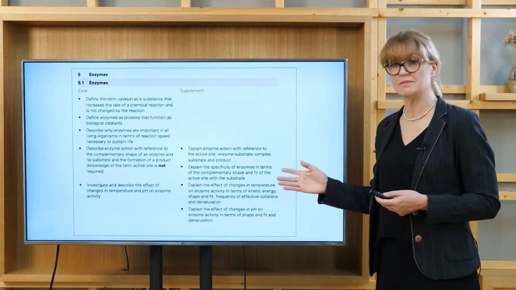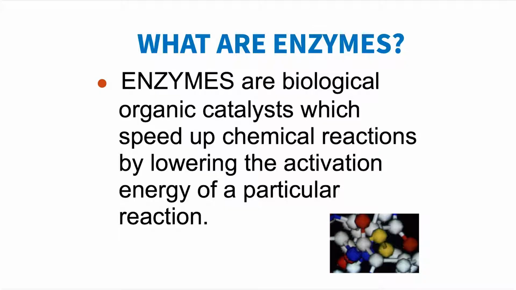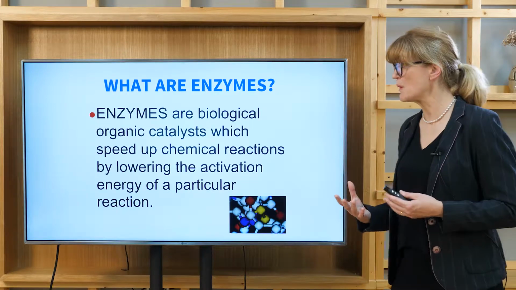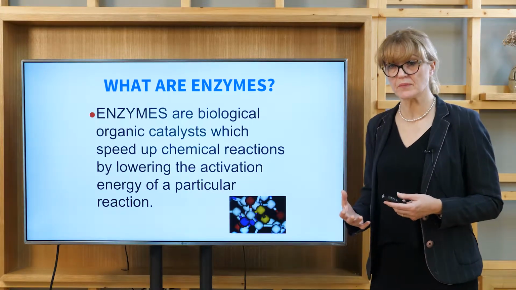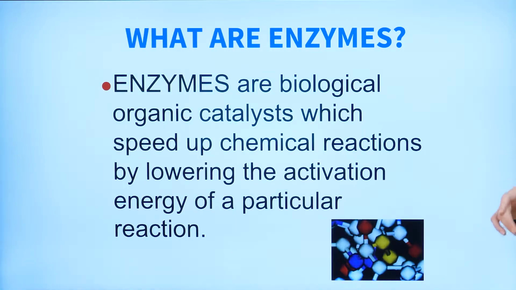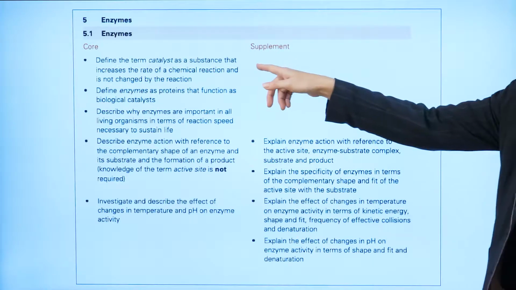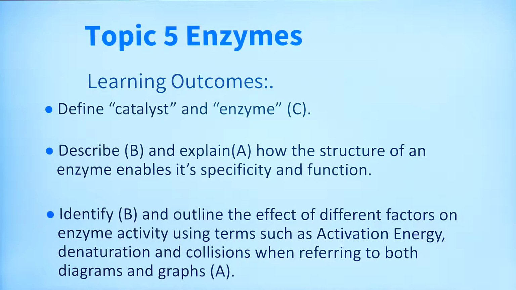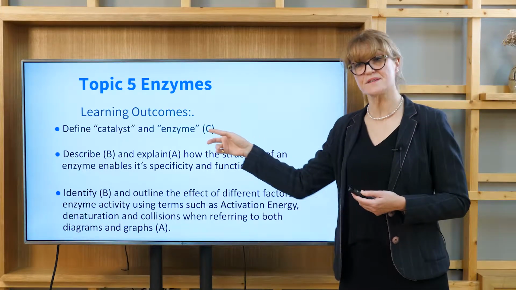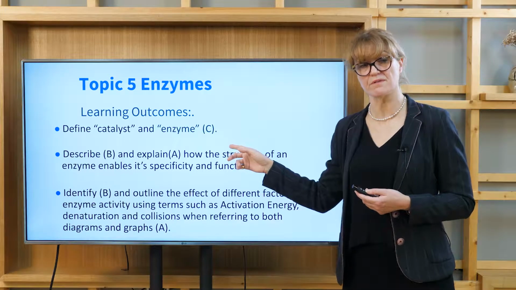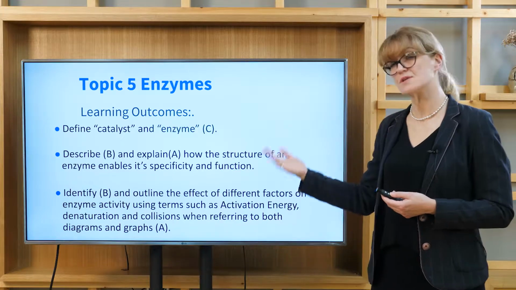Now, again, learning objectives, okay? Those sort of things. Now, I want them to think about what is an enzyme. And so back here, we've got the definition. So before we start thinking about what is a definition, I want them to write down what is a definition. What do they know as the definition of catalyst and enzyme? And so they'll write it down.